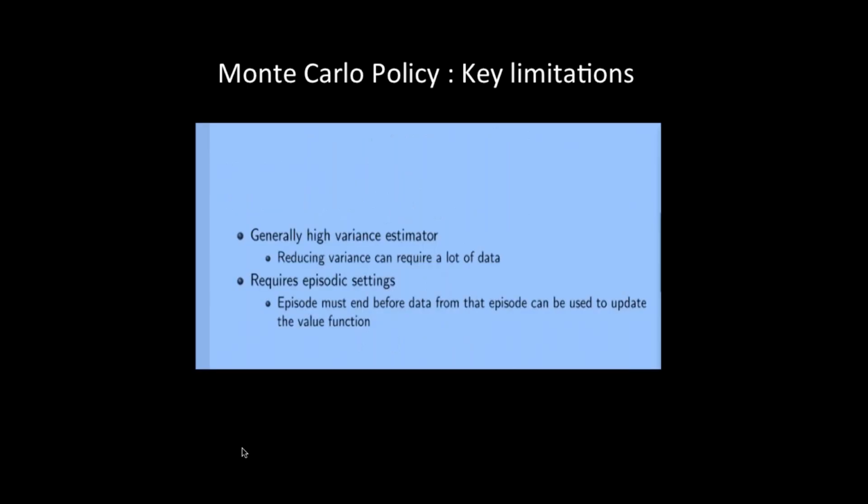Now the key features and key limitations: it reduces the variance and can capture a lot of data, that's fine. An episode must be there before data, and the episode can be used to update the value. So this is an episodic thing. You can't use this formula for a problem where there are no episodes, or where you don't know when the end will come or where it started from.